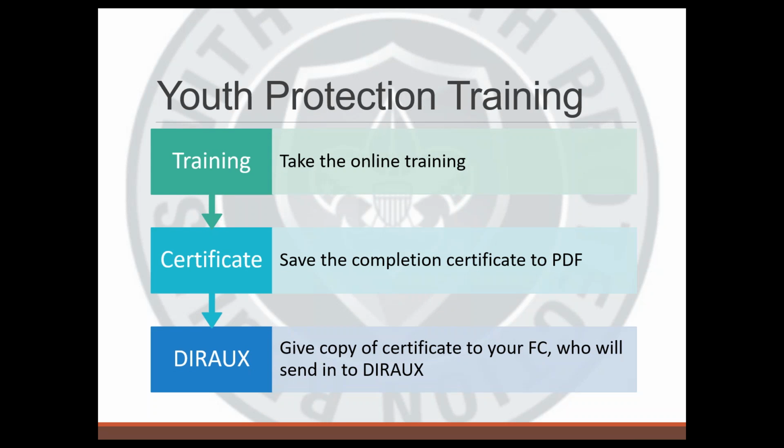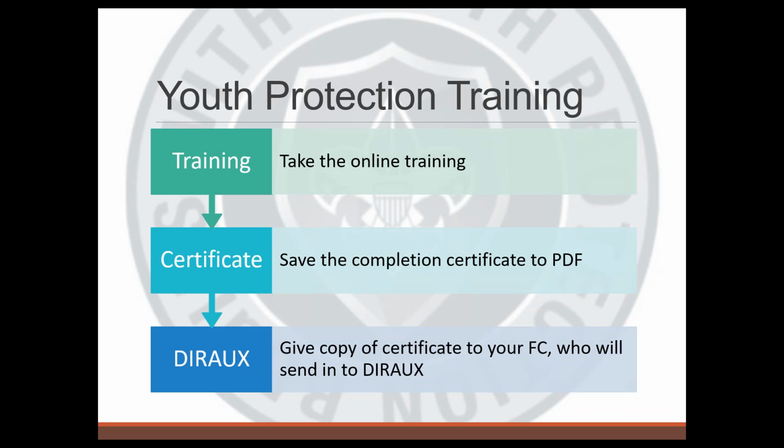Youth protection training is mandatory for auxiliaries who will be working directly with BSA youth. This training is available online and takes about 90 minutes to complete. It is not necessary to be BSA registered to take YPT training, and auxiliaries' personal information will only be used to record training completion.